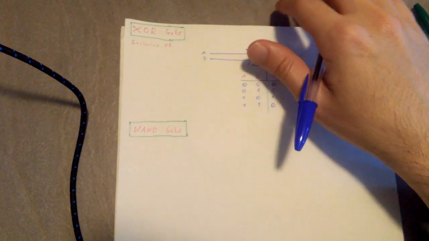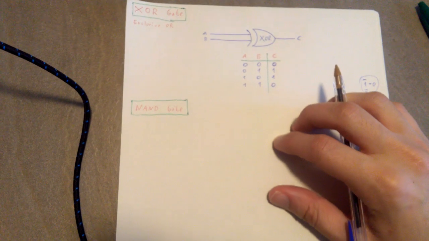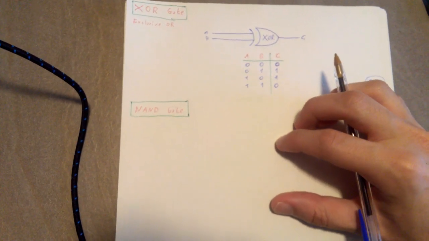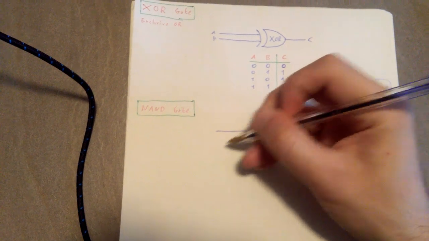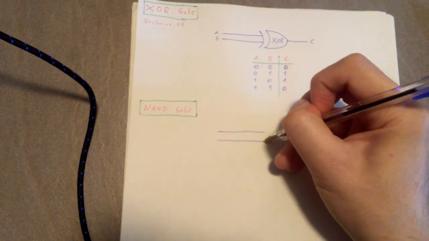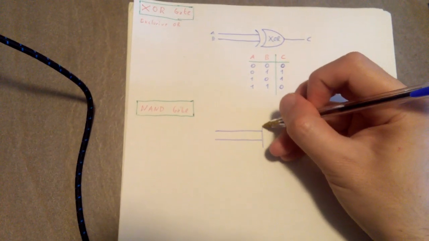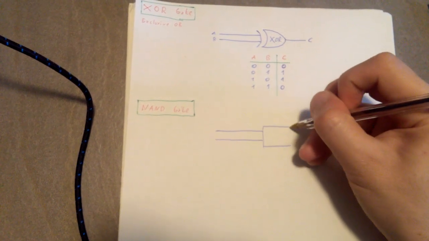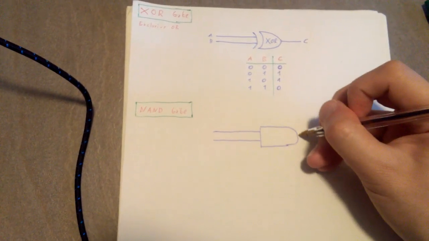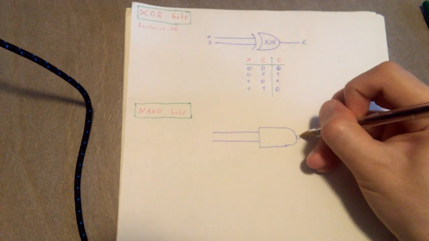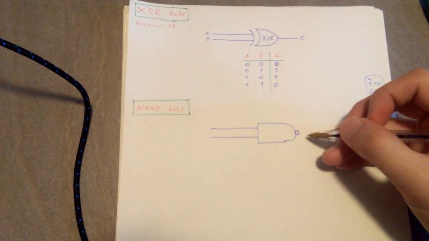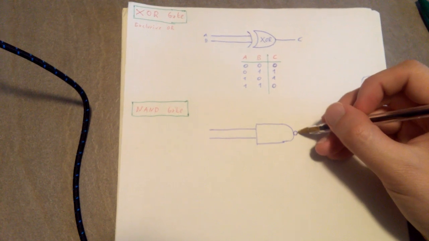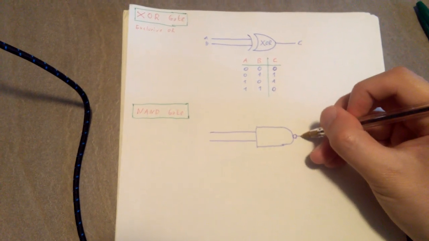So how does it look? Well, a NAND gate, a not AND gate, looks exactly like an AND gate, but we're going to have just a circle here right before the exit.